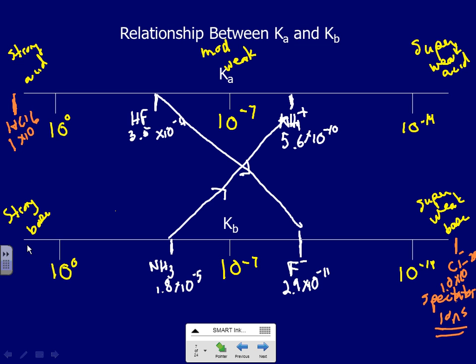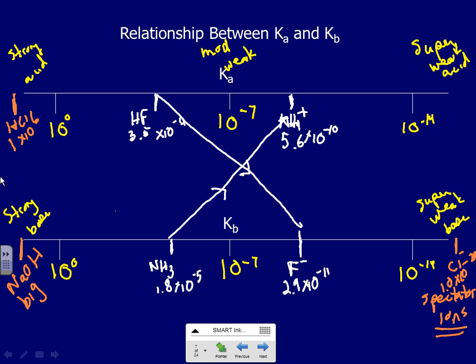Let's take a look at a really strong base example. The easiest is NaOH. Now, I don't even have a number for NaOH. It's not on here, and that's because it's an ionic hydroxide. All the OHs fall off. They're super strong. Let's just say the Kb is big.